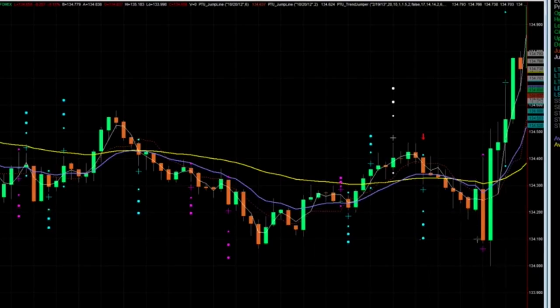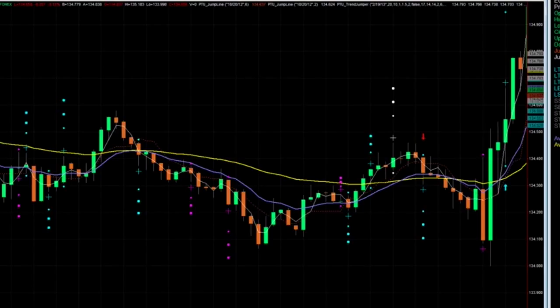There's a nice long setup after selling the news and the buyers start coming in. You get a long setup. It's a bigger trade than usual, but remember I told you Trend Jumper is dynamically tuning itself to market conditions. So while the trade to the left is much smaller, notice a much larger trade on the heels of non-farm payroll, and you can see your entry. We're going to trade this with 3 positions, right?